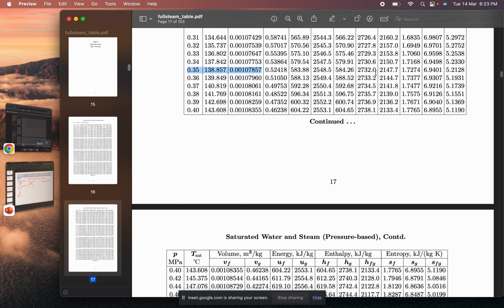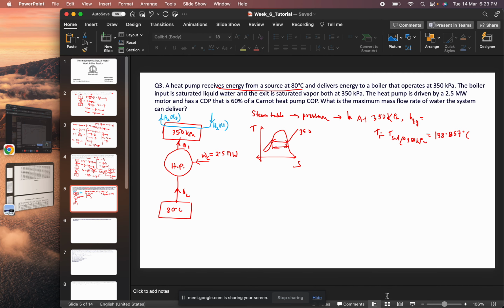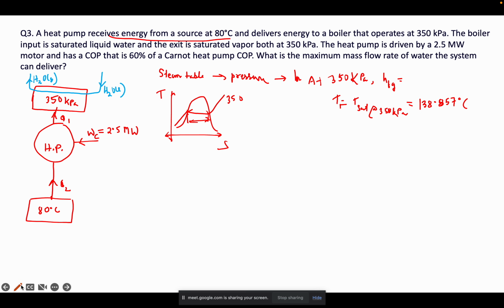It is 2147.7 kilojoule per kg. This hfg will be used in calculating Q1. So that means, now what will be the COP?